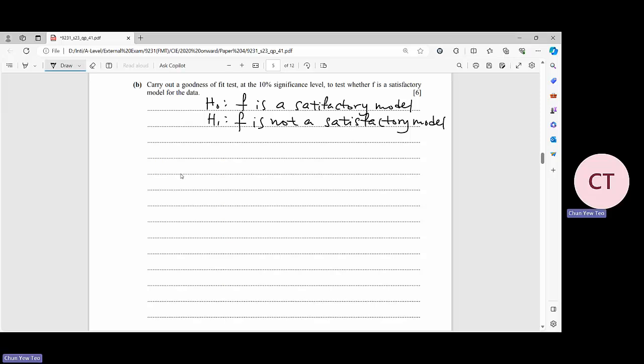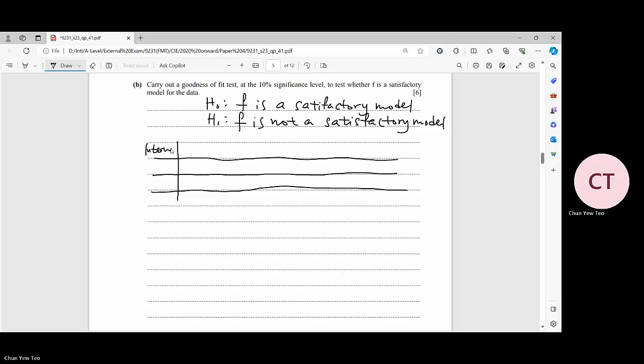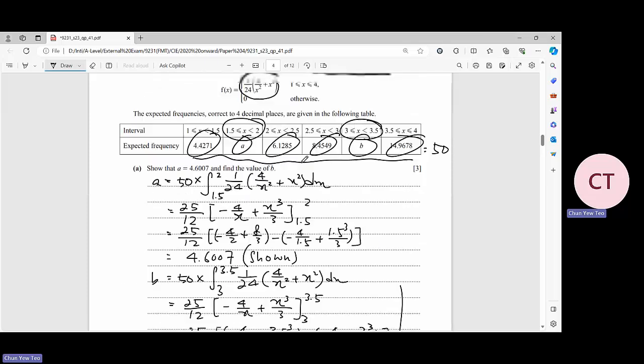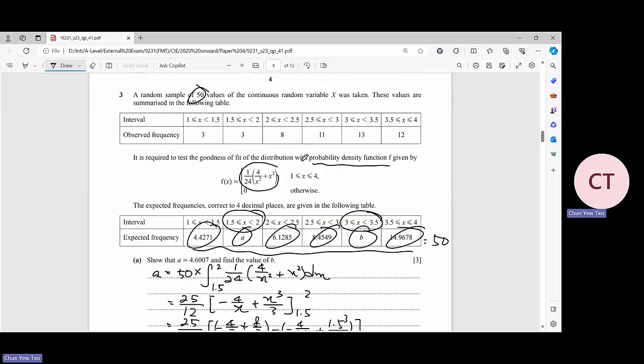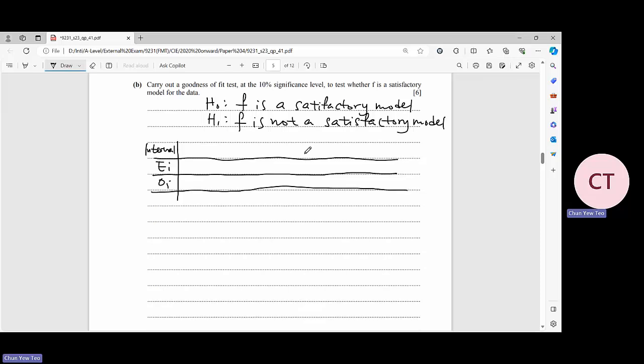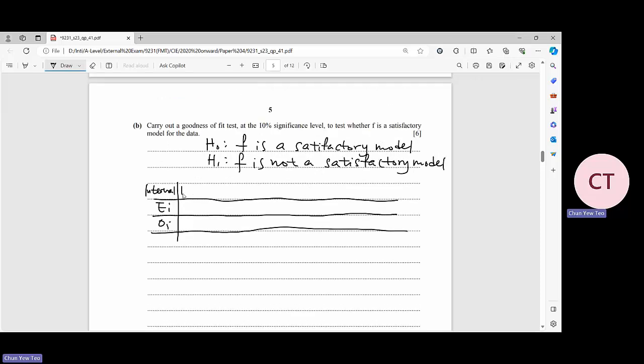Then after that, we need to build the table because we need to find the observed frequency and the expected frequency. So we need to have Oi and Ei. For this case, your interval, this is the Ei, this is the Oi. Actually our Oi and Ei are all here already, so we just copy them down. To save time, I directly write the answer.